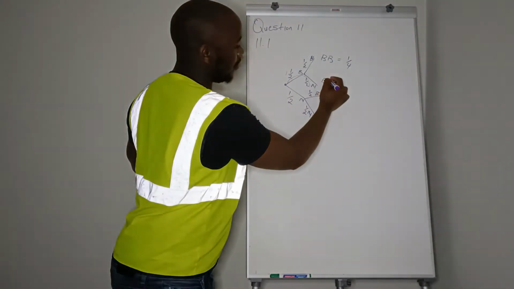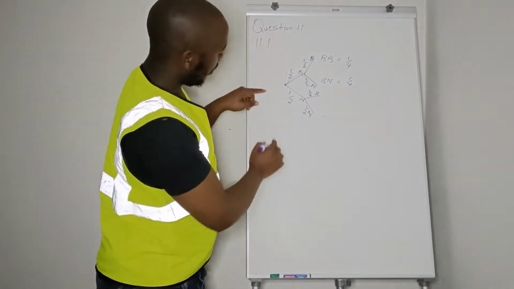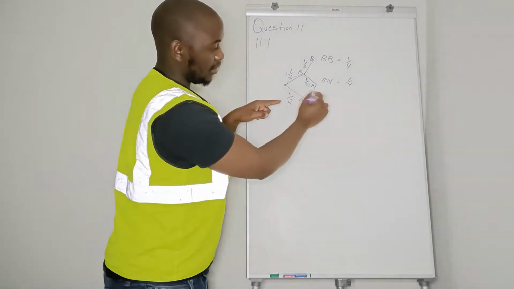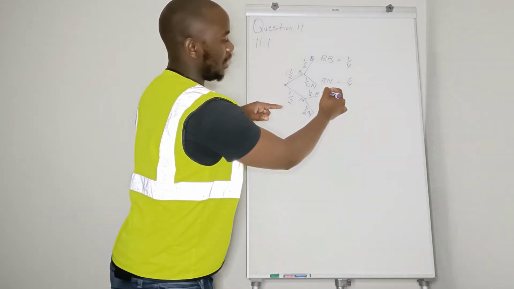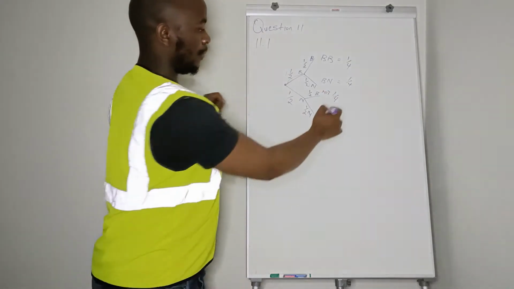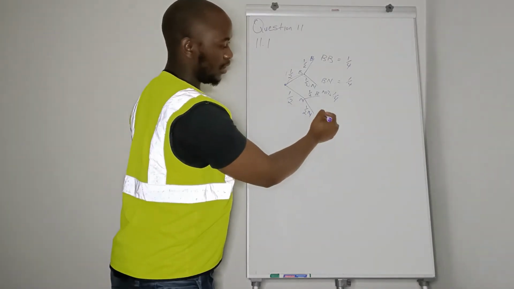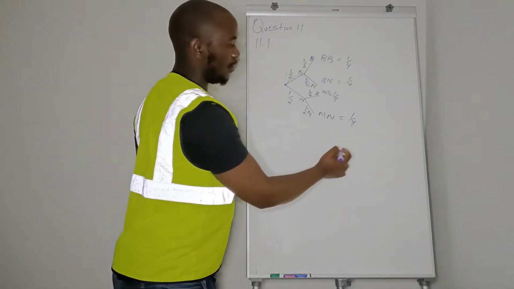We can call this BN. And that is still 1 over 4. We can not hit the bull's eye first time and we hit it the second time. We have 1 over 4 and we call that event NB. Another option, we cannot hit it the first time, still not hit it the second time, but we still have a 1 over 4.